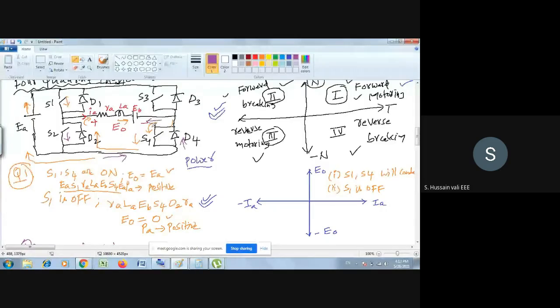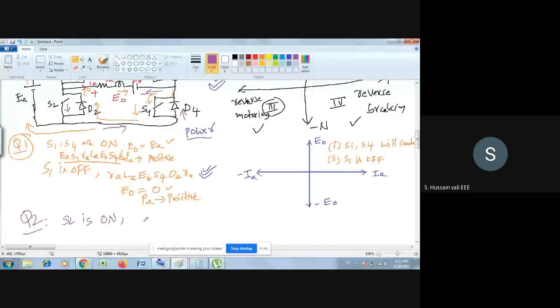I will write the closed path here, when S2 is on. What is the direction? I will show you the direction here: S2, D4, EB, LA, RA, and S2. You see the reverse direction. So what is E0 now in this case? E0 will be 0.